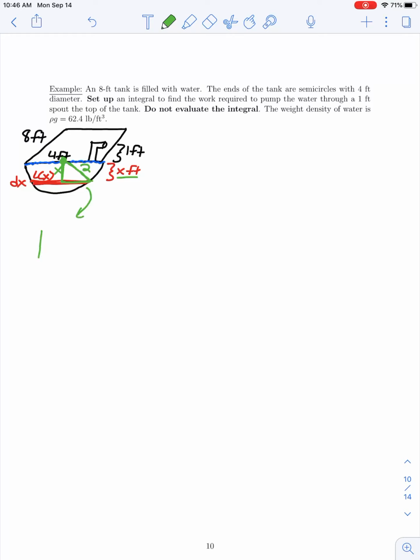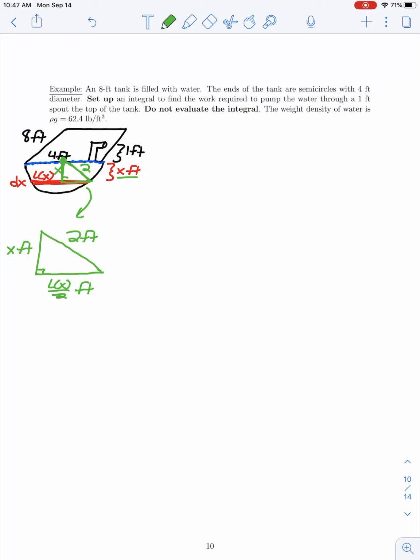If we pull this triangle out, we have a hypotenuse of 2 feet, a height of x feet along this one edge, and then this bottom length along the last leg would be half of my L of x, the length that I'm after.